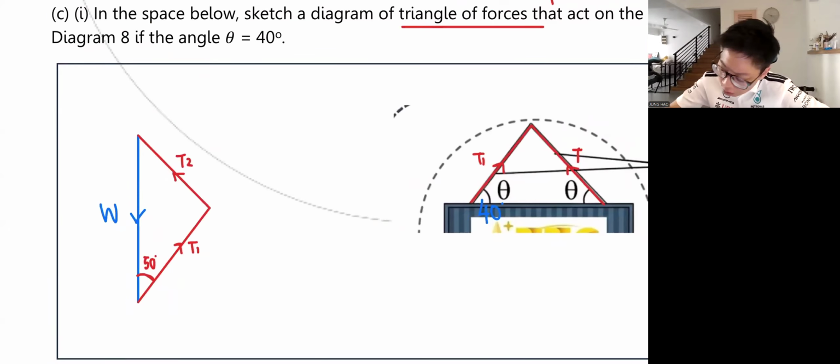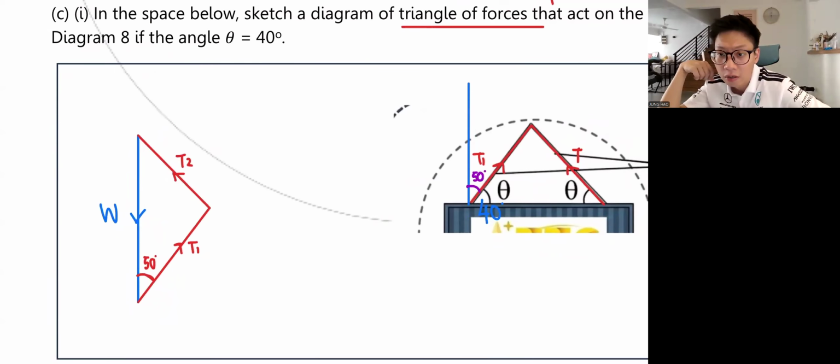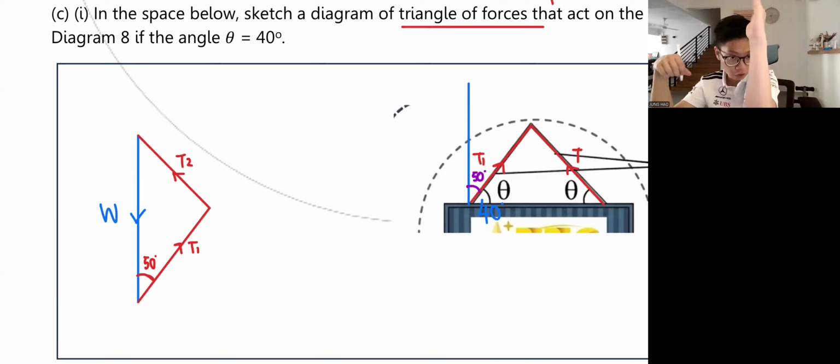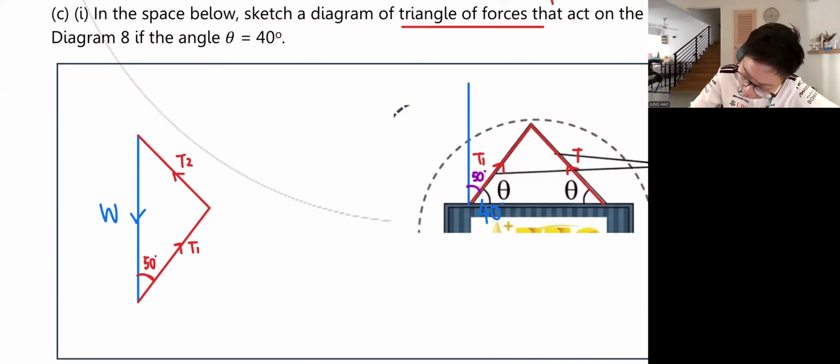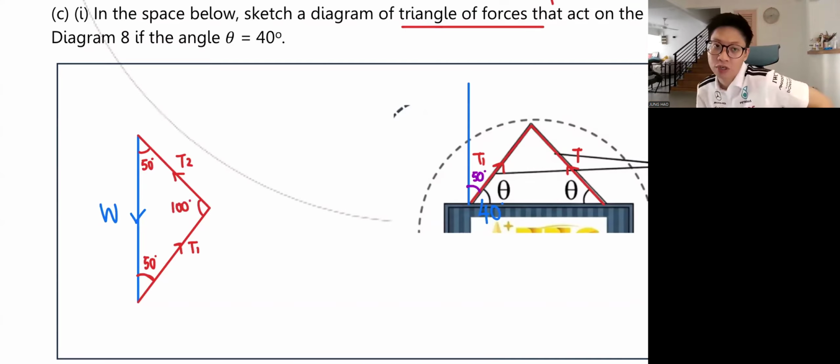How do I know? Come on, guys. If this is a vertical line, obviously this will be 50 degrees, right? Because you are drawing the vertical weight. So this is your 50 degrees, this is your 50 degrees, and this is going to be your 100 degrees. So this is your triangle of forces.